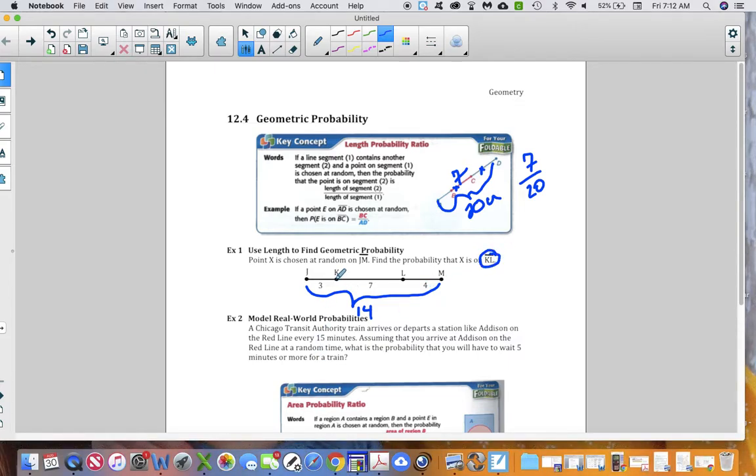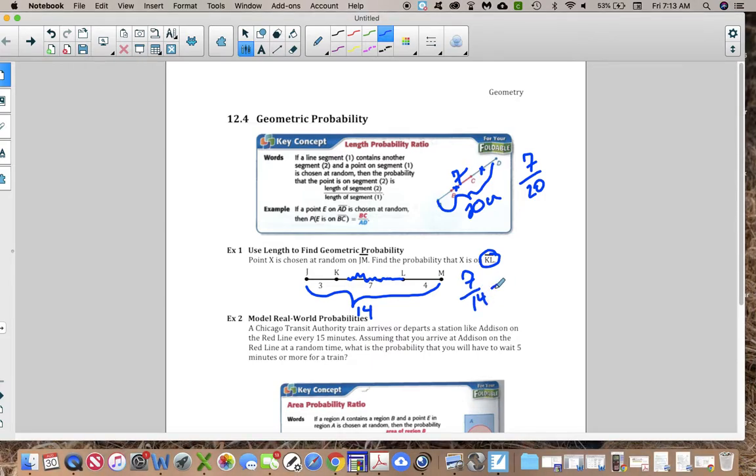KL is just this little guy right here, and he is 7 units long. So I have a 7 out of the entire 14 chance of it landing on KL, which you can reduce to 1/2. Oops, that's supposed to be a 2. So I have a 1 in 2 chance of any point that I slap down on this line landing in this area versus the rest of it. 1 in 2 chance, okay?